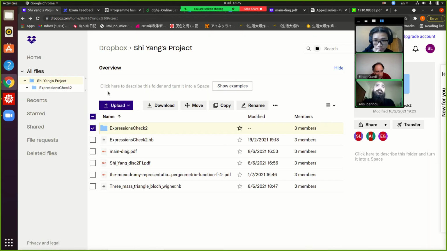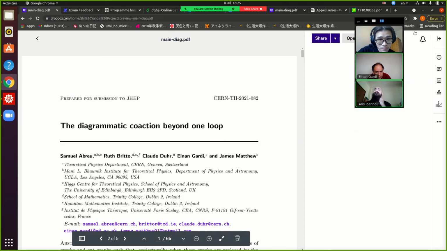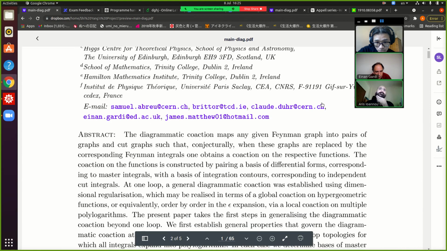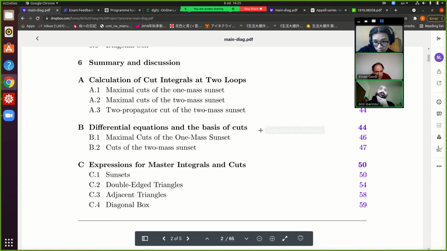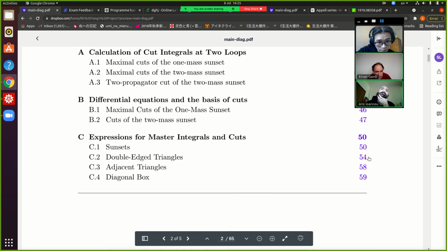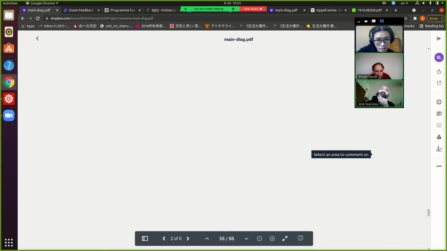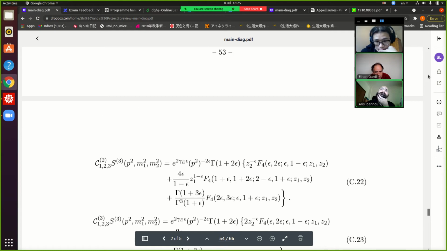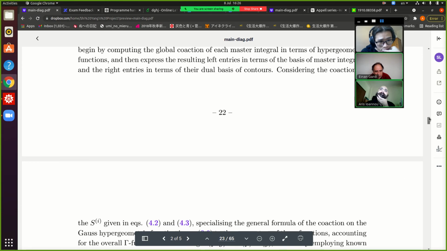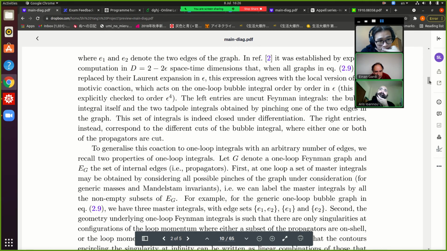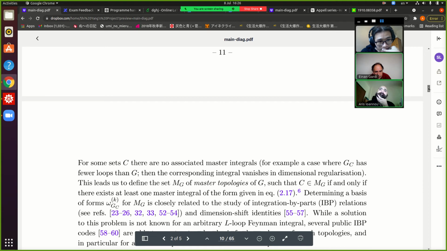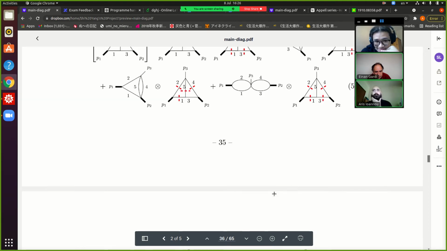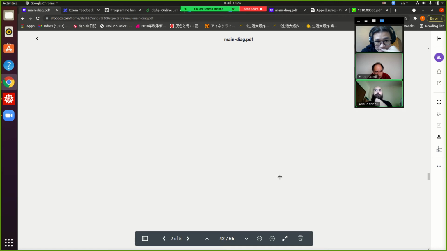you can go to the pictures first, so I can show you what is available. The pictures of the coaction. It's section 5, I think. Why is it so slow?